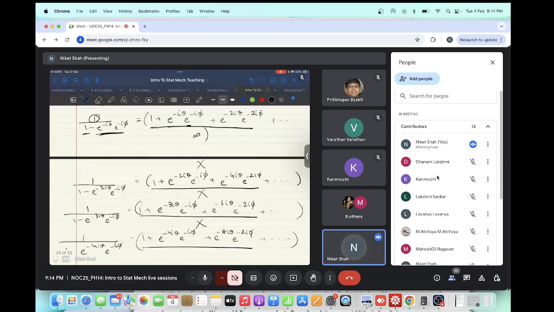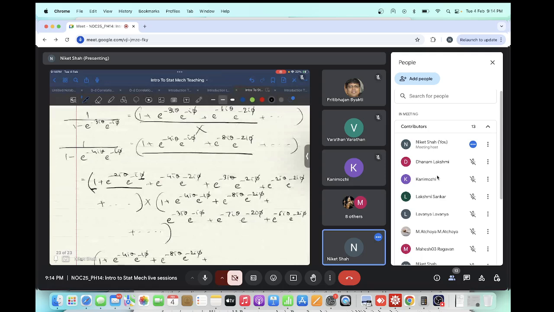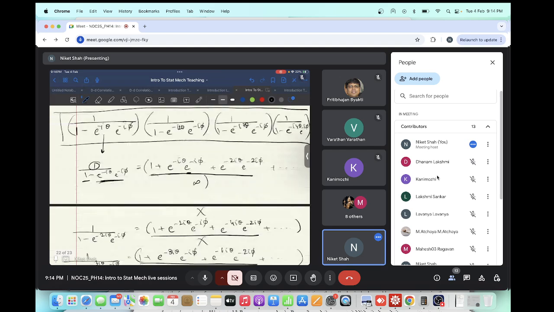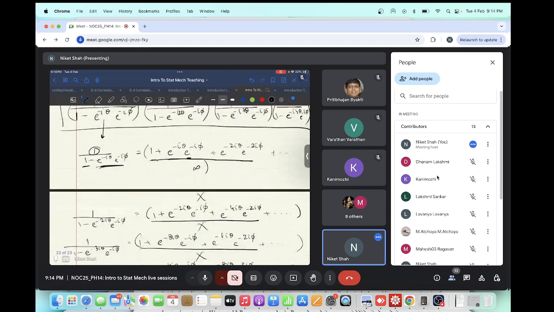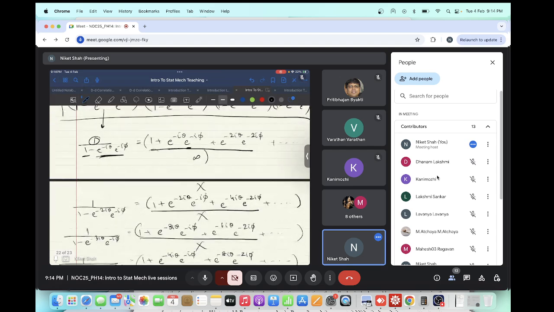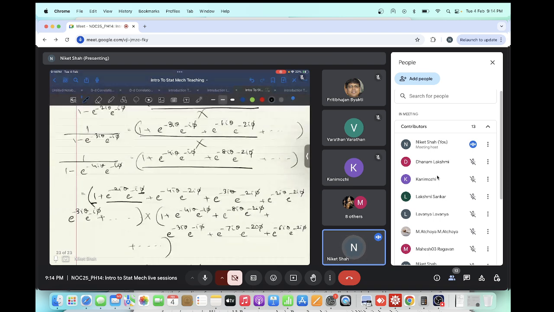Okay, I missed a term here. There should have been e raised to power minus I theta minus I phi. Just this.